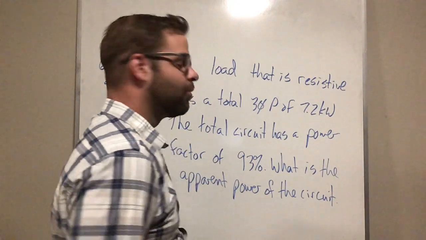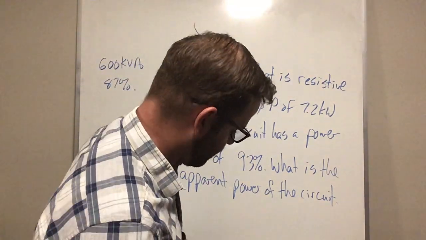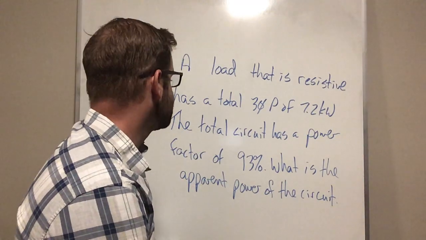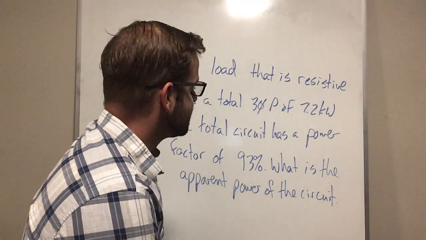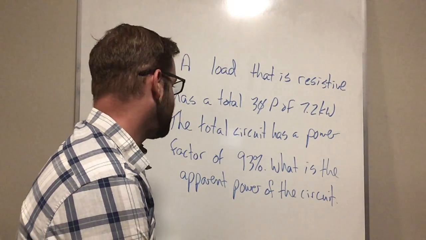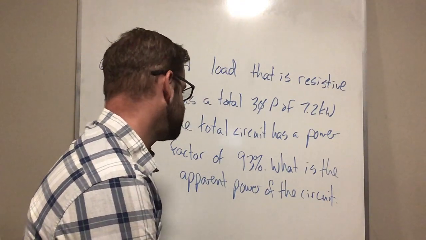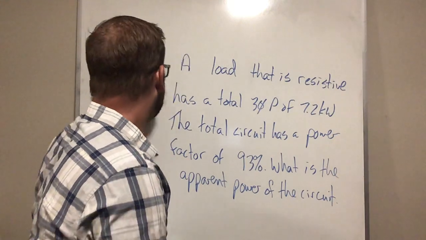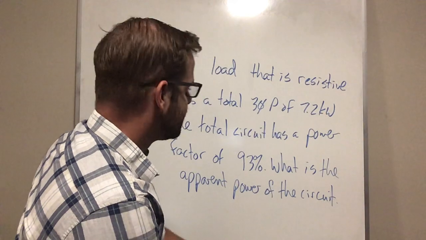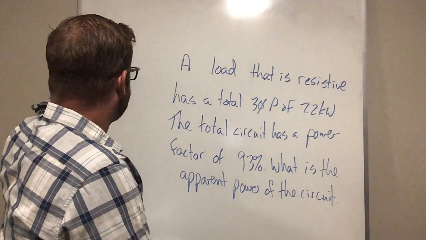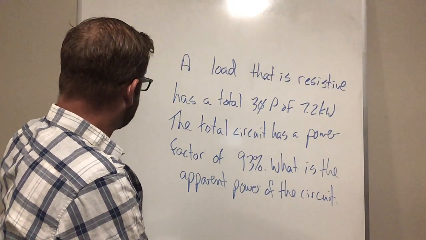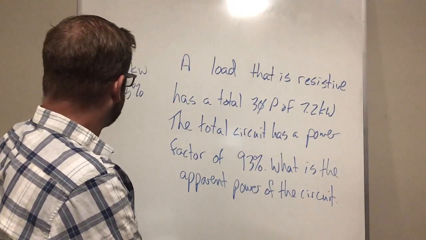This one's fairly straightforward. I'll let you pause it and go through it. A load that is resistive has a total 3-phase power of 7.2 kilowatts. The total circuit has a power factor of 93%. What is the apparent power of the circuit? So I take the important information: 7.2 kilowatts at 93% power factor.